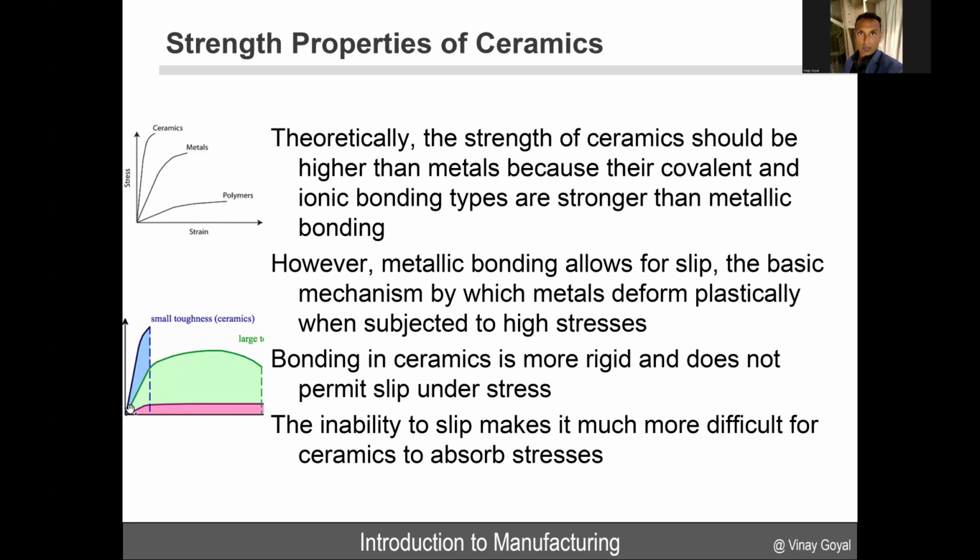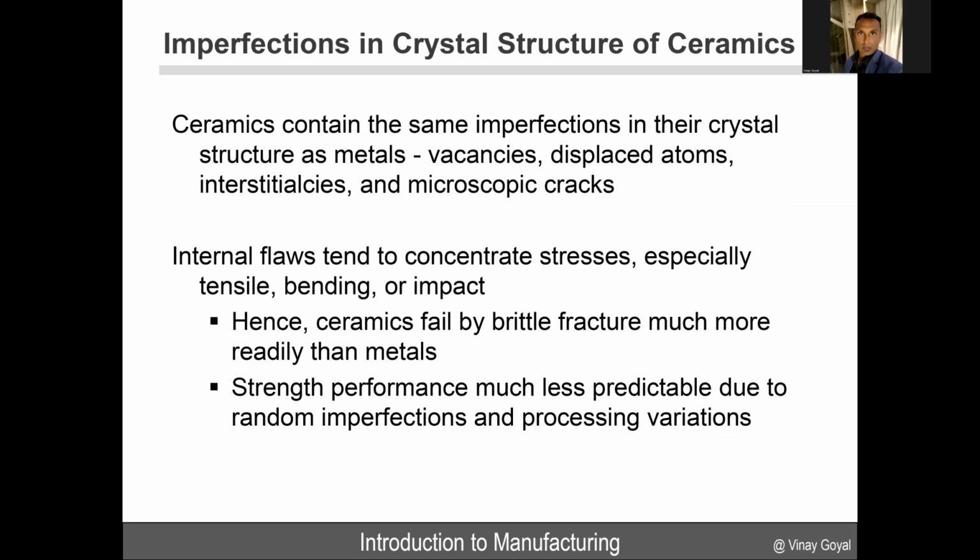And here you can see an image of a typical metal versus a ceramic in blue. Now, this is in theory. In reality, ceramics contain imperfections in their crystal structure, just like metals. Vacancies displace atoms, and you're going to have microscopic cracks. Internal flaws tend to concentrate stresses, especially under a variety of loading conditions.